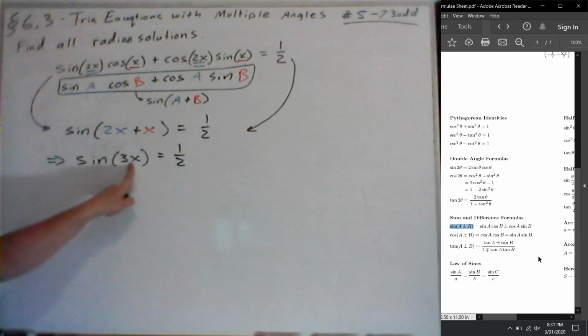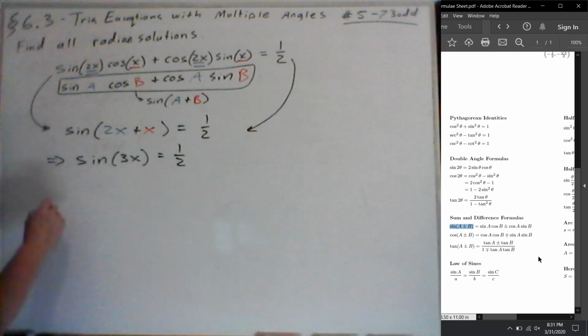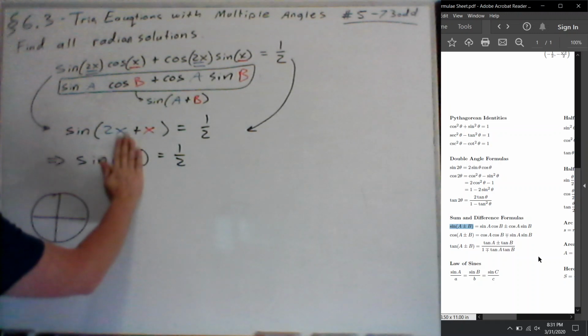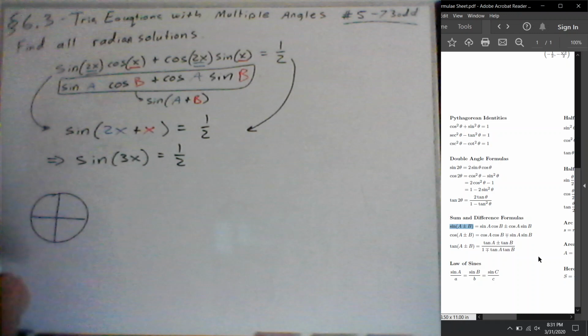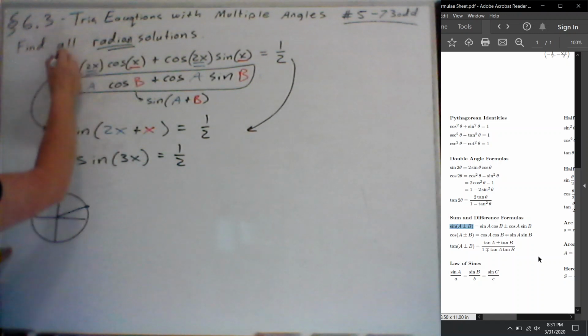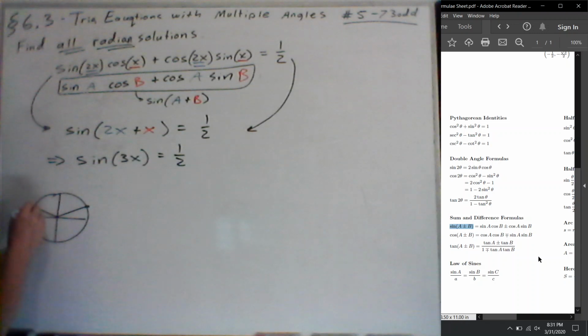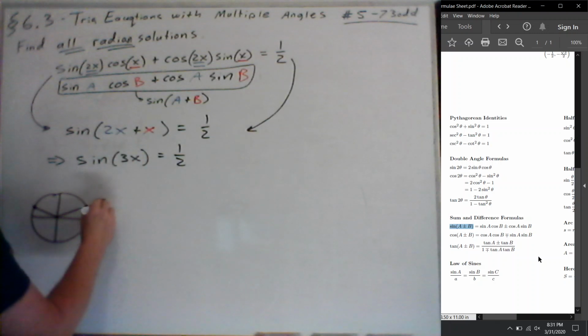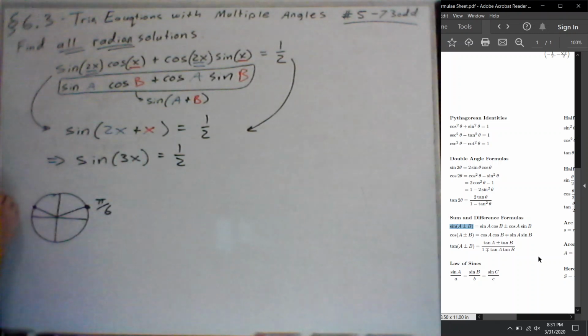Again, I don't have a triple angle formula, but we know how to handle these now, thanks to this section. I want my sine function of some angle to spit out positive 1/2, and we're in radians, and we want all of them. So I want in quadrant 1 and quadrant 2, where the sine function is going to be positive 1/2, that's pi over 6, and that's over here at 5 pi over 6.